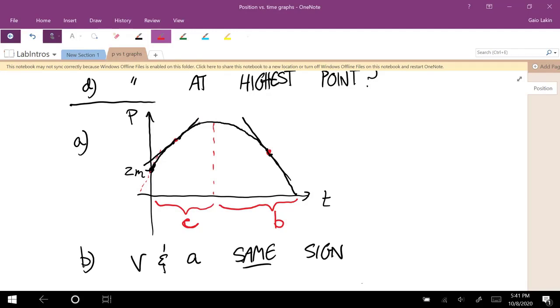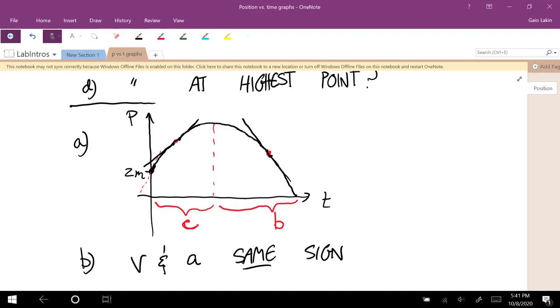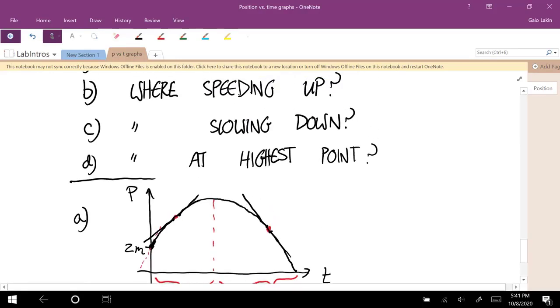And then the last question, part D, is where is the object at the highest point? There's a couple of ways to think about that. The first is just look at the highest position you get, and it happens right here, right? There's no point that has a greater position than that.